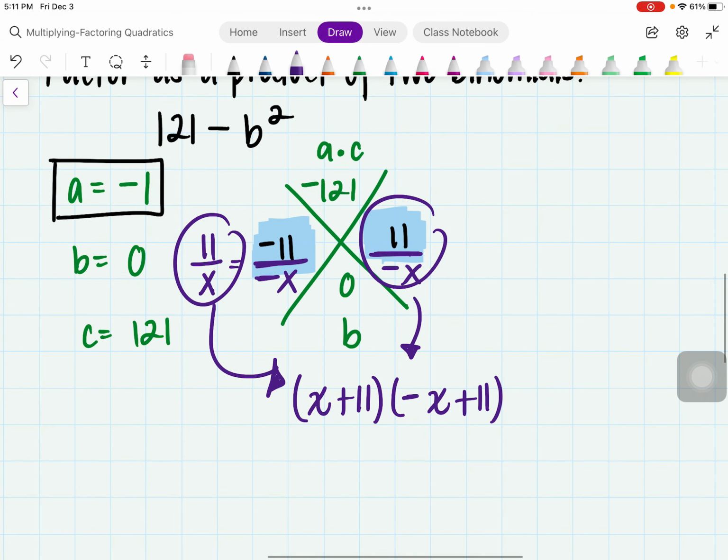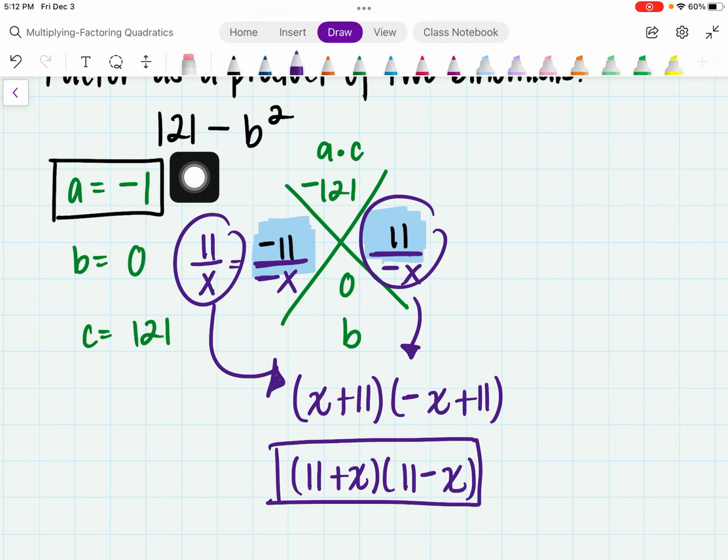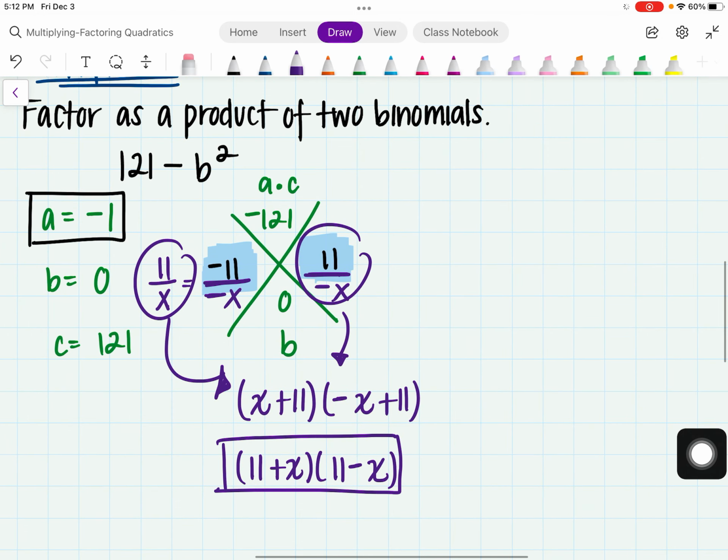Another way you could be seeing this is that because our expression did start off with the constant first and then the variable second, I could actually express this as 11 plus an x times 11 minus an x. And this is actually how you're going to be seeing it most of the time if your constant or the number is given to you first. But both of these are correct.